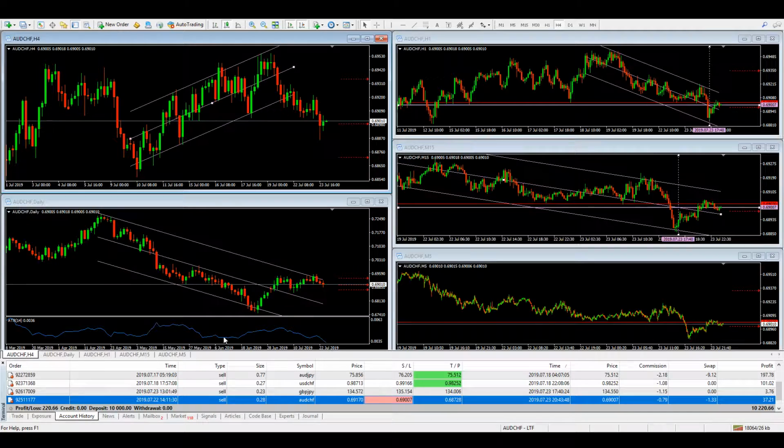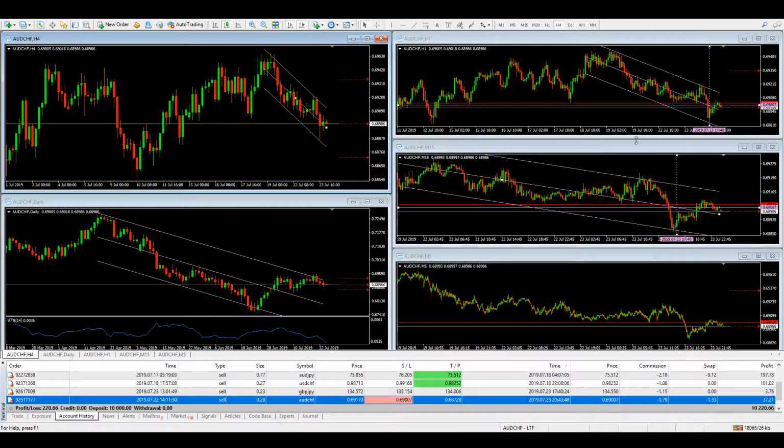We've got some nice lower lows and lower highs on the daily, some interaction with resistance here, interaction with the standard deviation channel. The 4 hourly has now started to look bearish as well, breaking the price structure of these previous lower highs and lower lows and starting to move lower.